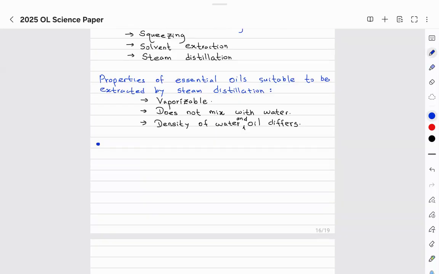Now, what will happen in the steam distillation is, water vapor and cinnamon oil. Let's take cinnamon oil. Let's consider cinnamon bark.